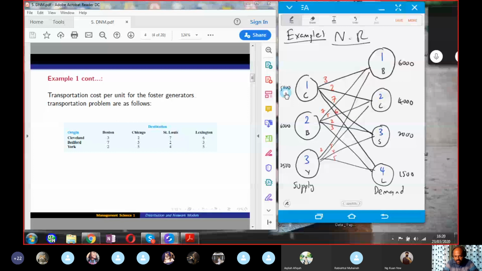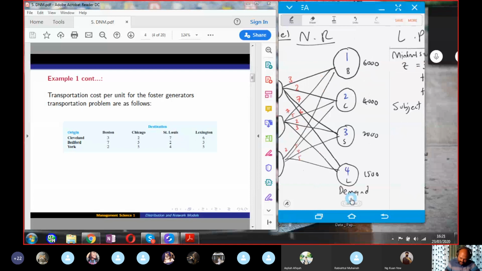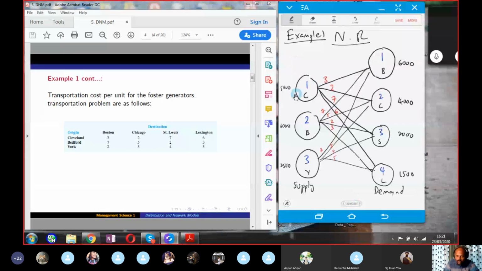That is the idea you need to understand. Each supplier only can give whatever they have produced. Cleveland produced 5,000, Bedford produced 6,000, this one produced 2,500. The quantity going out from each supplier must be less than or equal to this figure. So what is the quantity going out from here? X11, X12, X13, X14 must be less than or equal to 5,000.